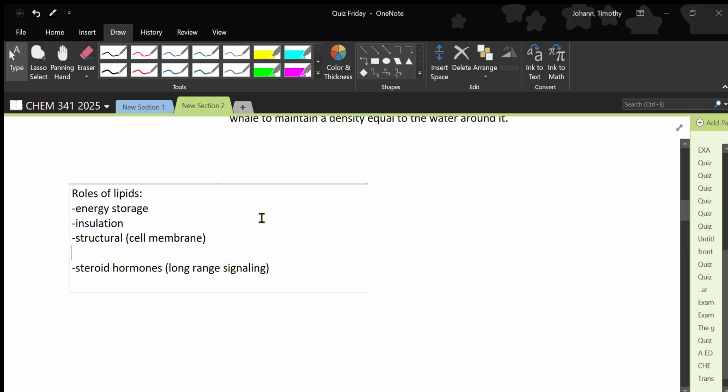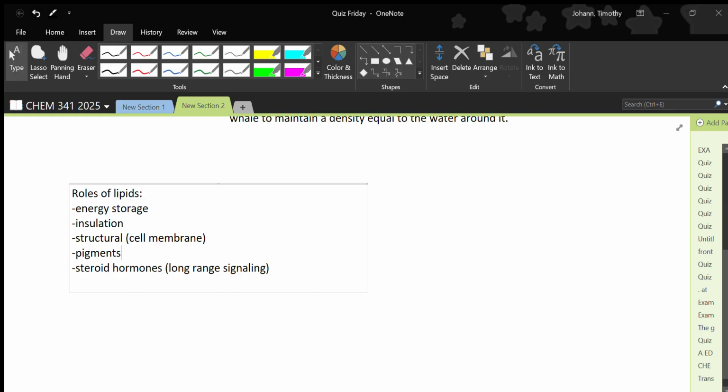Where else? They can be pigments. A lot of the beautiful colors you see, one example that gets used maybe in your book, or certainly seen used, is these beautiful blue butterflies. That color, that pigment, is due to lipids.